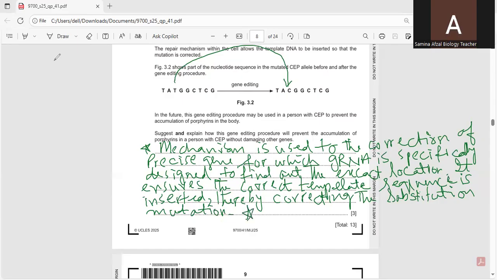Now the second point is the prevention of porphyrin accumulation.